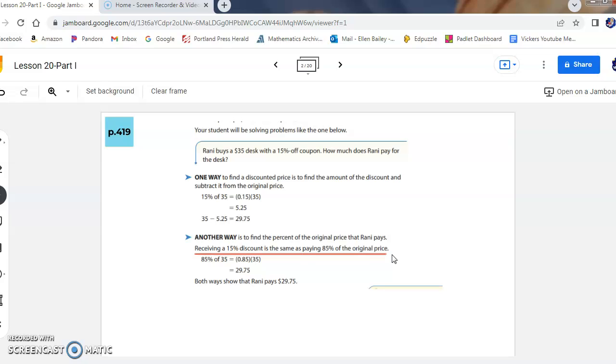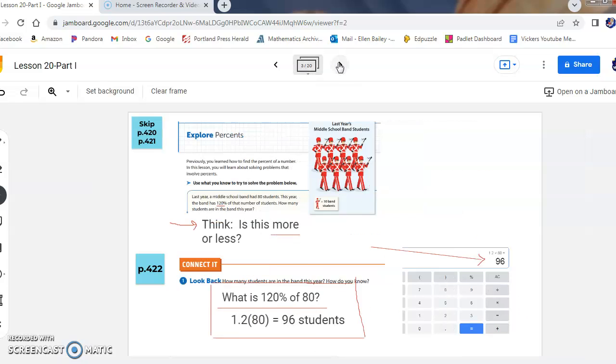A 15% discount is 15% off, and if that's the case, then you're still paying 85% of the price. Note that 85 and 15 equal 100, so remember the total is 100%. If you're paying 100% of something, that means you're paying all of it. But if you have 15% off that 100%, you're still left with 85. This becomes very, very useful when talking about sales.